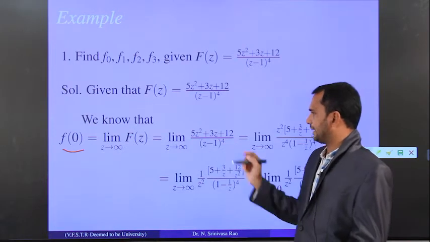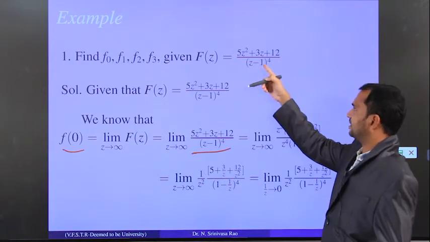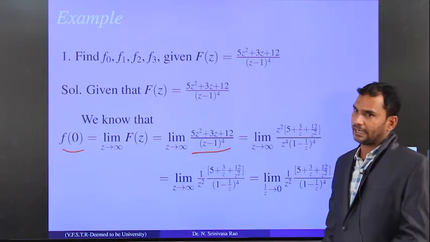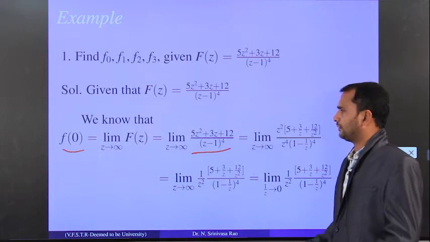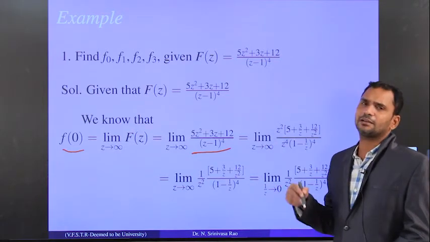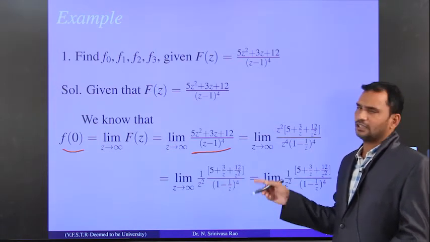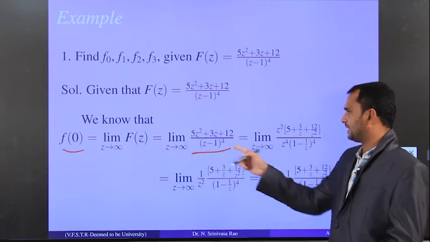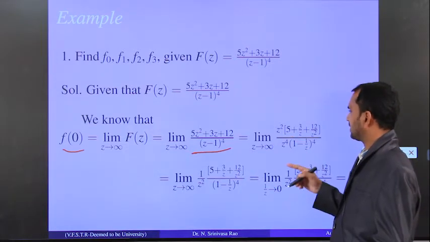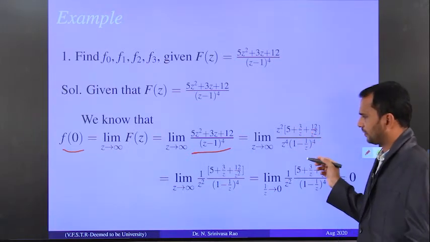Now, the limit as z tends to infinity, what is F(z)? You just substitute here: F(z) is given as 5z square plus 3z plus 12 whole divided by (z minus 1) whole power 4. The initial value theorem is like finding a limit value, and you are all aware of how to find the limit value. As z tends to infinity, if you take z square as common, what you will get is 5 plus 3 by z plus 12 by z square.